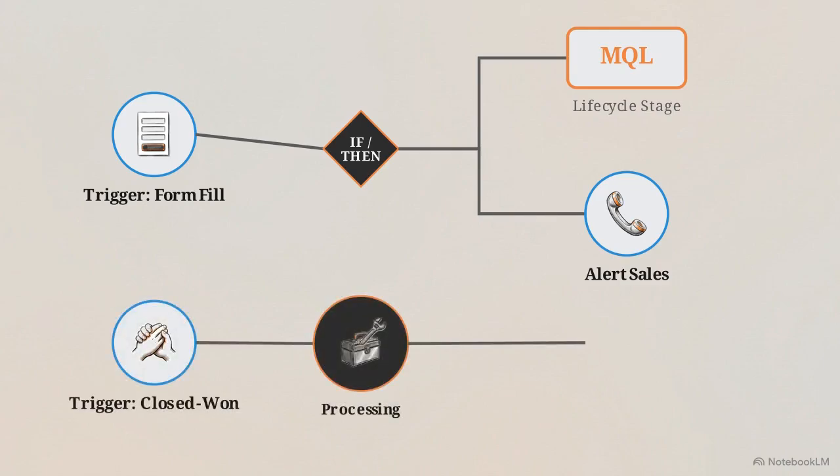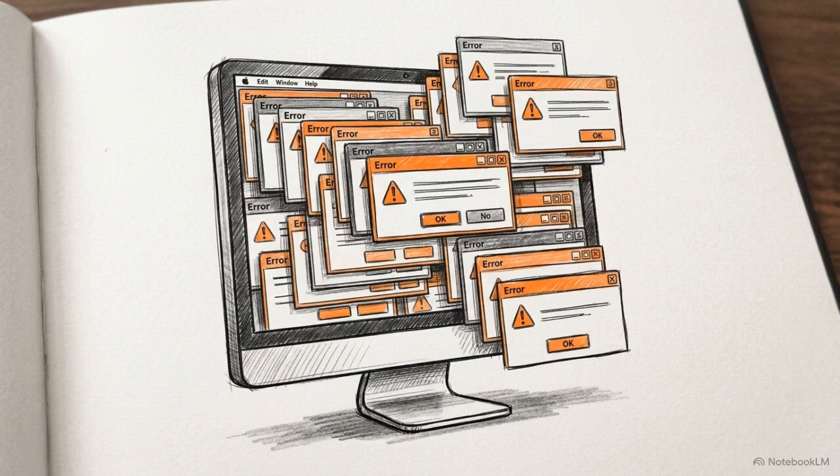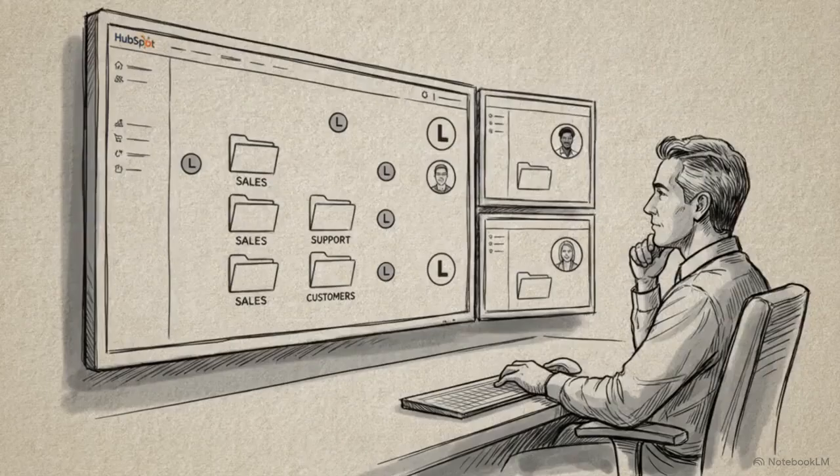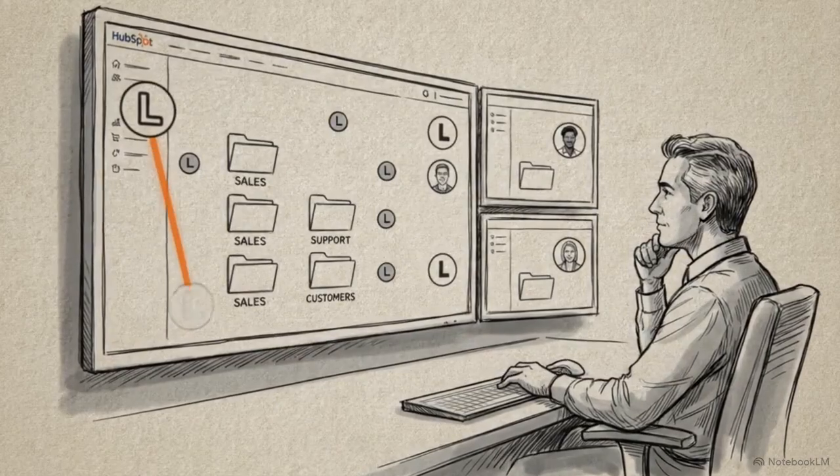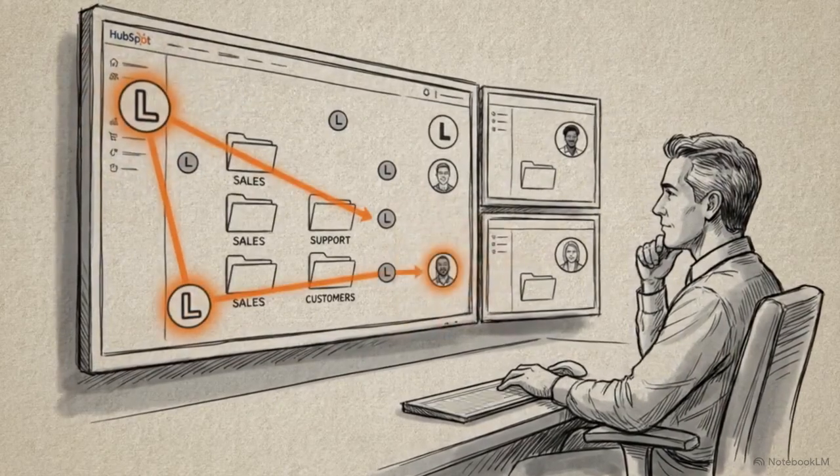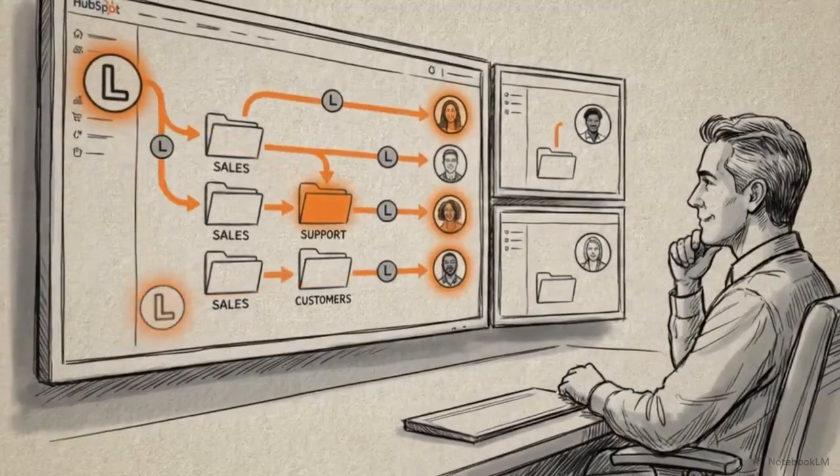This logic also applies post-sale, such as generating an onboarding ticket the moment a deal is marked closed won. Automation carries risk. Flawed logical design can result in looping errors and corrupted CRM data. Workflows provide the mechanism that allows a lean RevOps team to manage a high-volume pipeline while ensuring every high-intent signal is addressed.